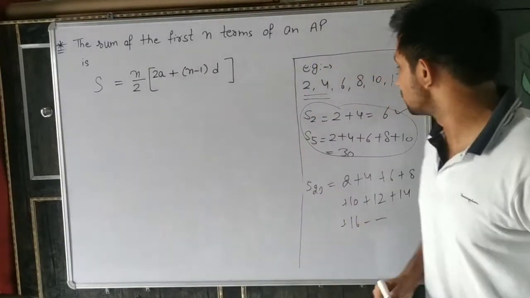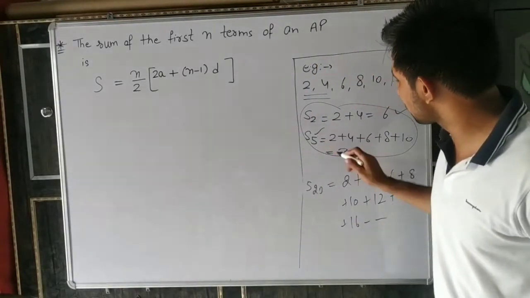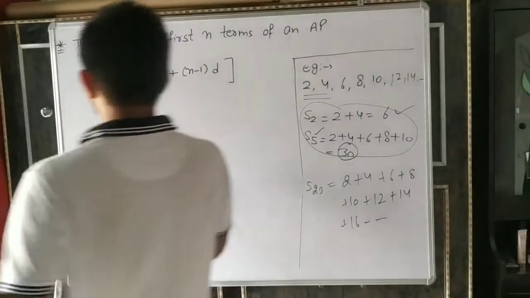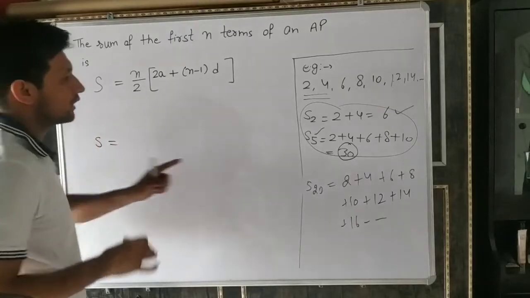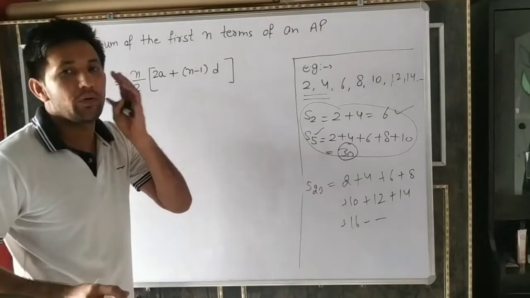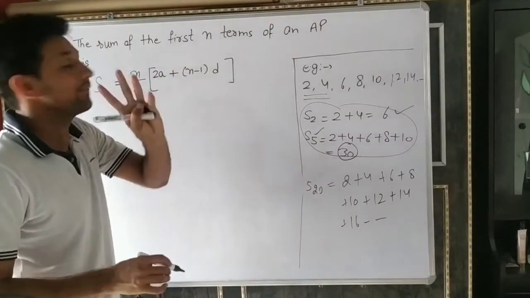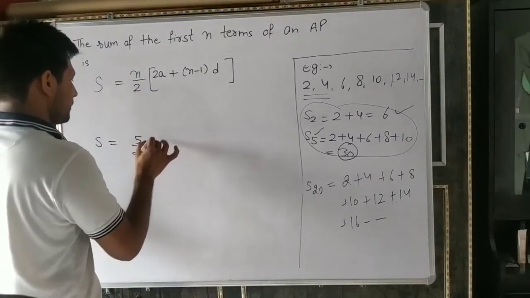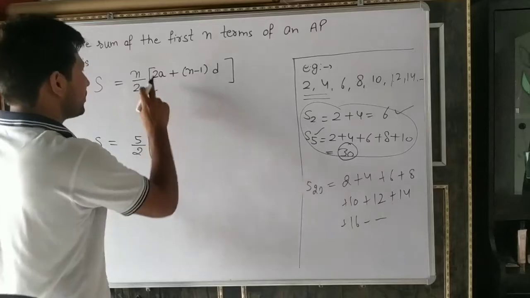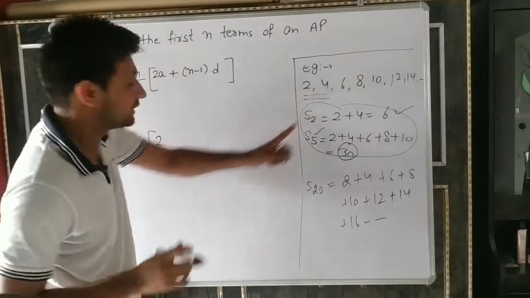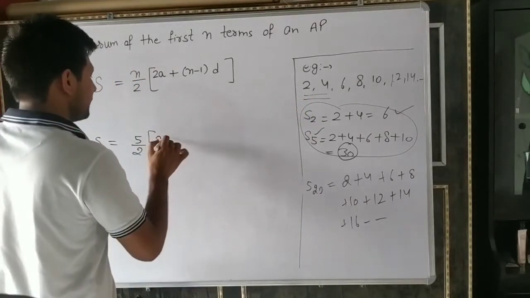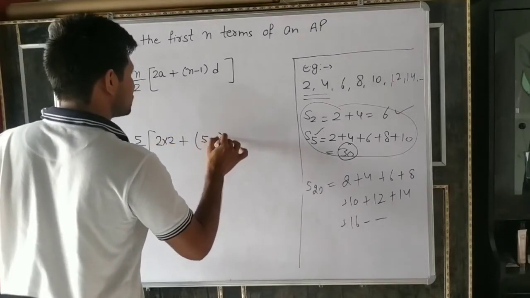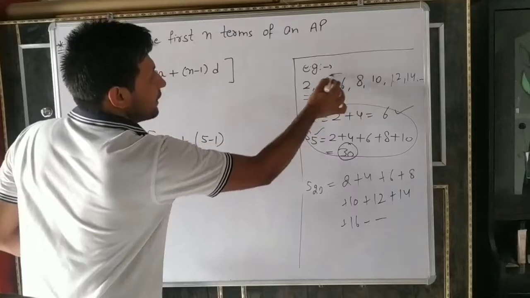Look, everyone knows the sum of the first 5 terms is 30. You can verify it. To find the sum of the first 5 terms, n is 5. So 5 upon 2, 2 into a, the first term is 2, so 2 into 2, plus n minus 1, that is 5 minus 1, into d.